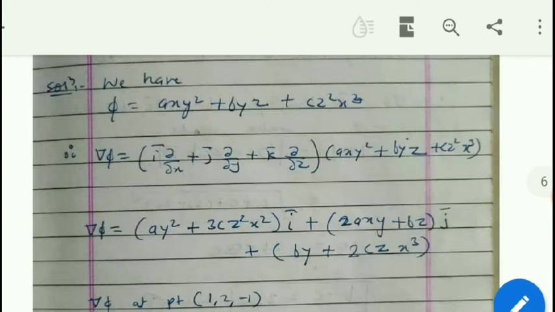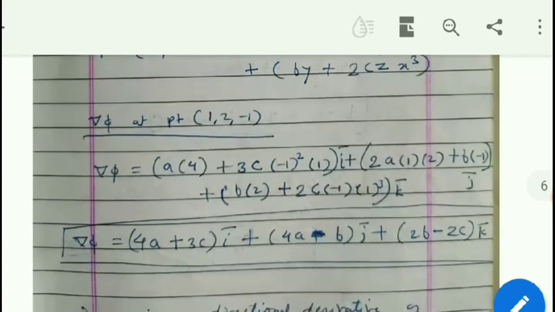So calculate del phi at point 1, 2, minus 1, that means put x is 1, y is 2 and z equals minus 1 in the above equation. After putting these values we get a constant value of del phi, that means 4a plus 3c i, plus 4a minus b j, plus 2b minus 2c k.